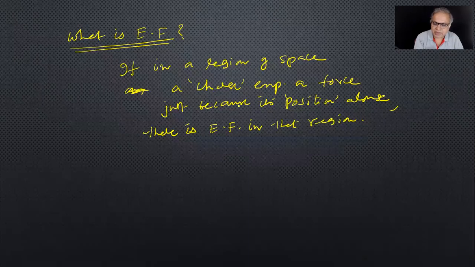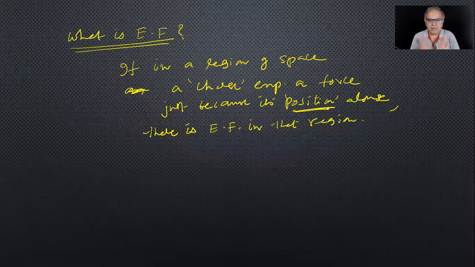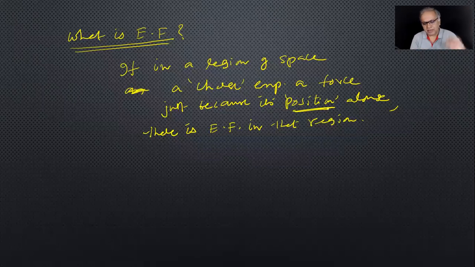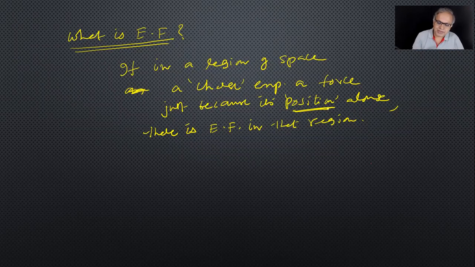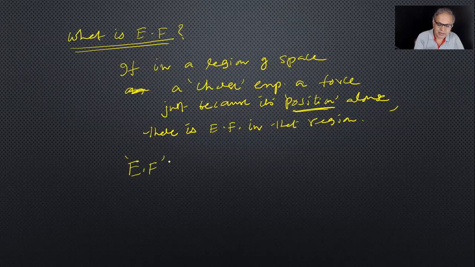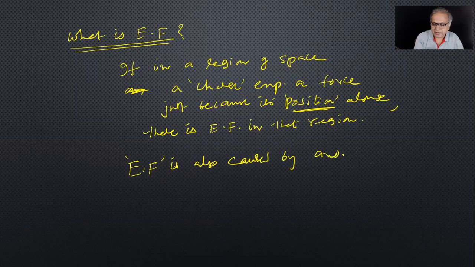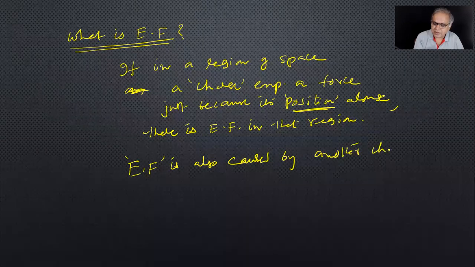This is the most important. Just because the charge is there at some position R from some origin O, and because of that position there is a force acting on it, I will definitely say that there is an electric field in that region. And remember, this electric field is also caused by another charge by virtue of its position only.